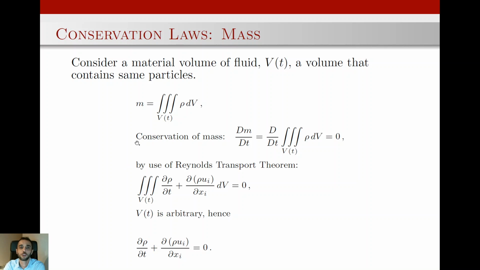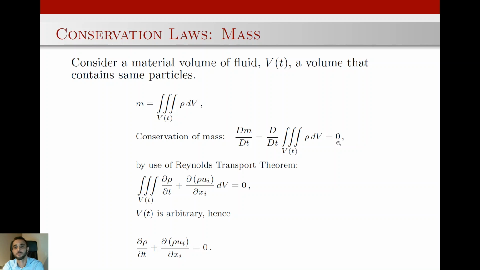Mass of this volume is defined as the integral over volume of rho dV, where rho is the density of the material volume of the fluid. Conservation of mass implies that the material derivative or total derivative, D over Dt, of m should be equal to 0.